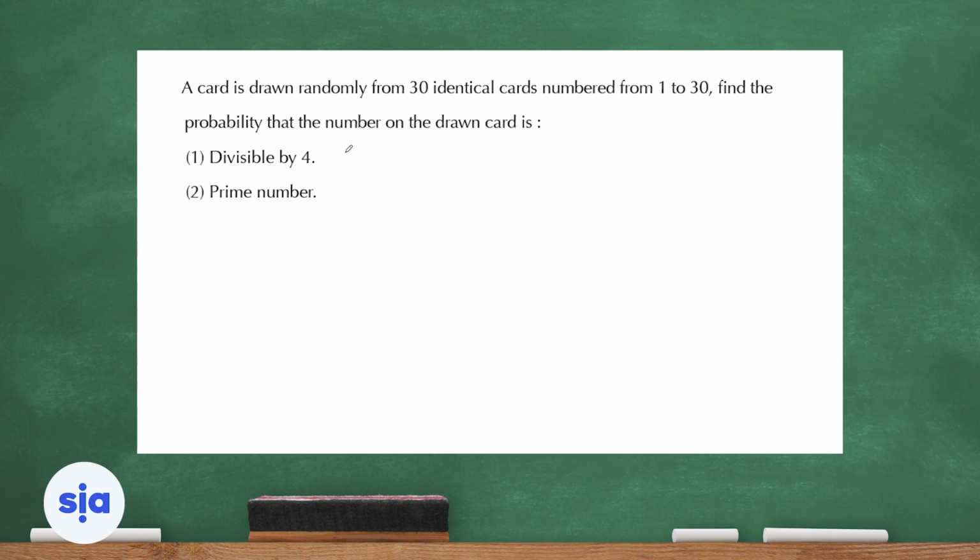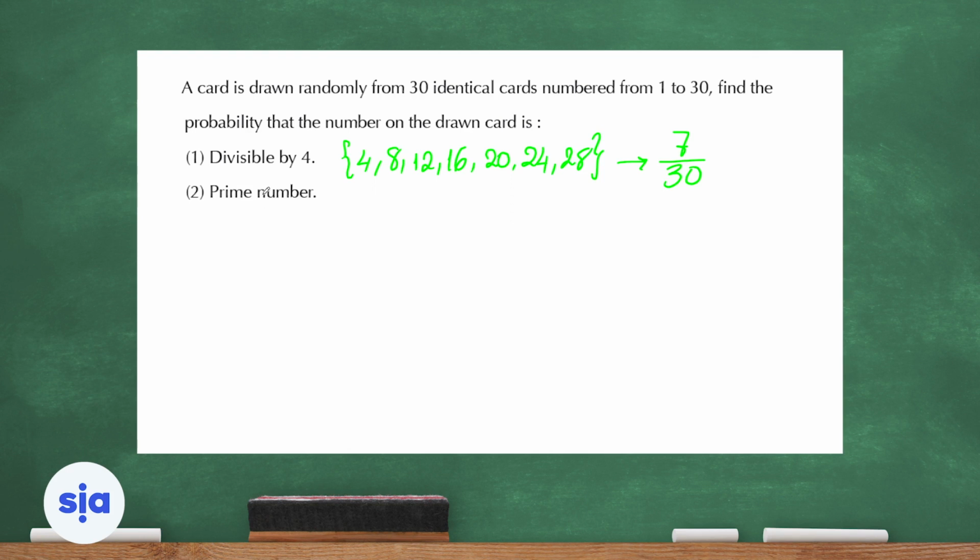Yes, so the multiples of 4 are, in this case, 4, 8, 12, 16, 20, 24, and 28. So the probability that the number is divisible by 4 in this case is, count how many are they? 1, 2, 3, 4, 5, 6, 7. So it's 7 out of 30.